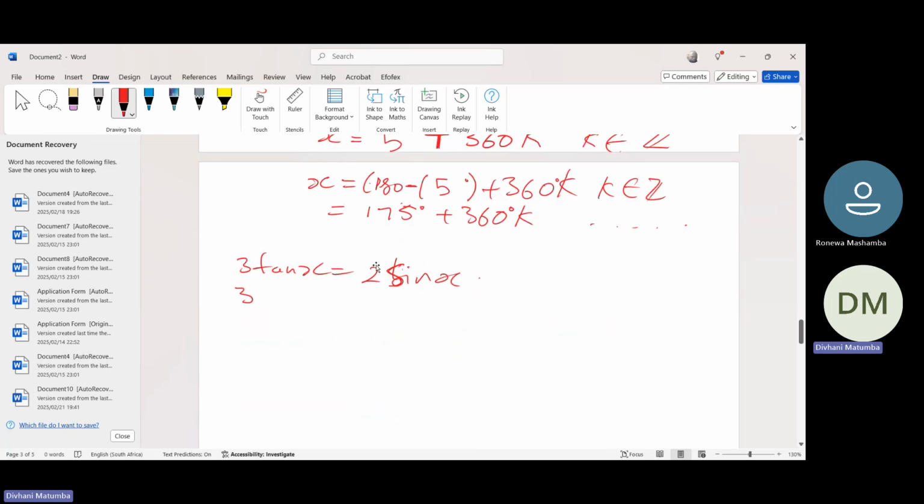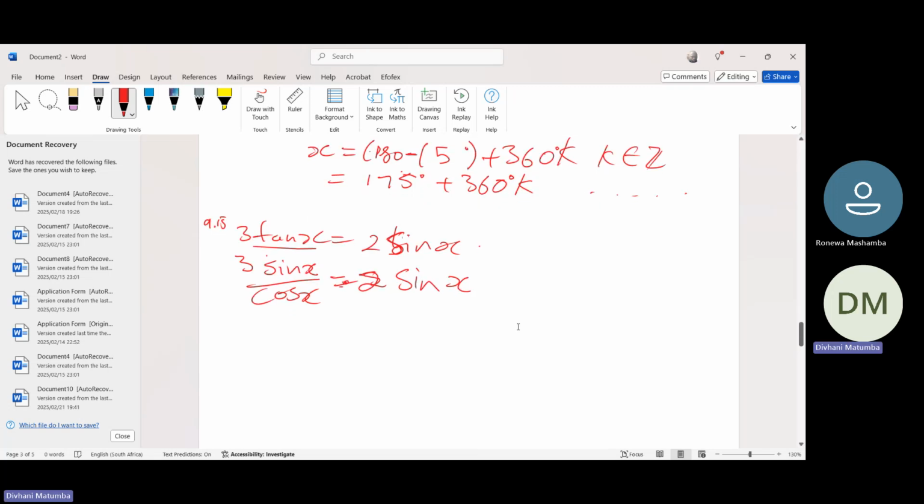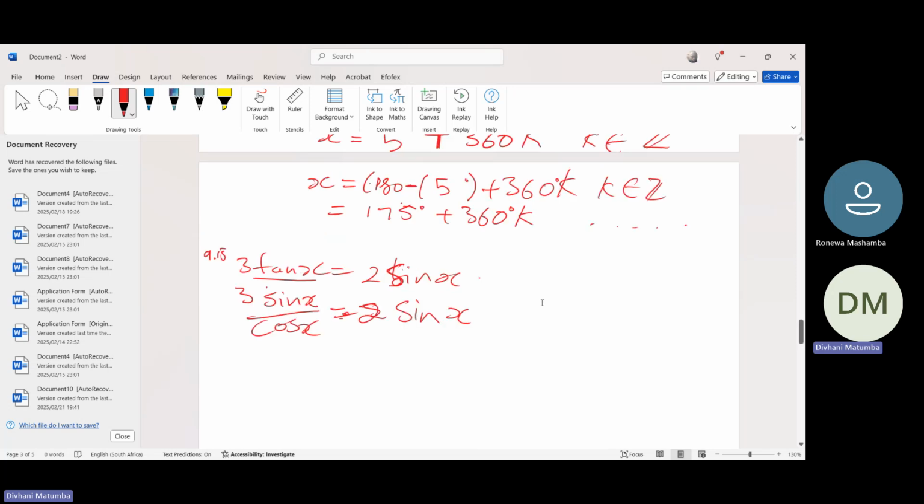Okay. Do you agree that we can break down the term into sine of x over cos of x? Do you agree? Okay. 2 sine of x. Okay, perfect. So from here, what can we do? We can equate everything to 0.